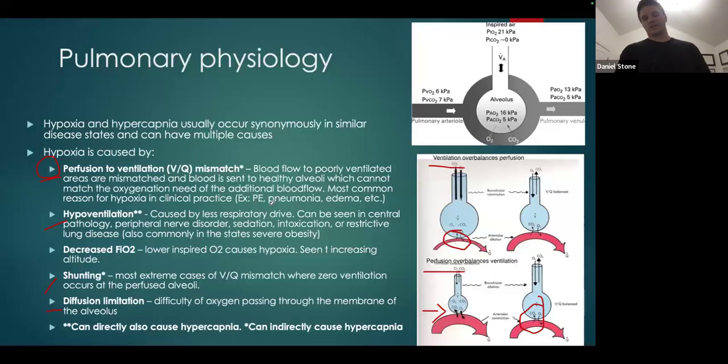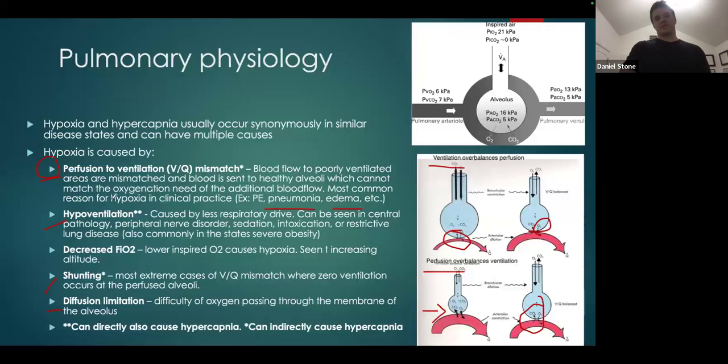If you have unhealthy tissue within the lung, and there's pneumonia or edema, the way I think about it is resource limitation in terms of trying to send the blood to the healthier lung parenchyma. If the healthy lung parenchyma can't compensate for the extra oxygenation, we start to develop hypoxia.